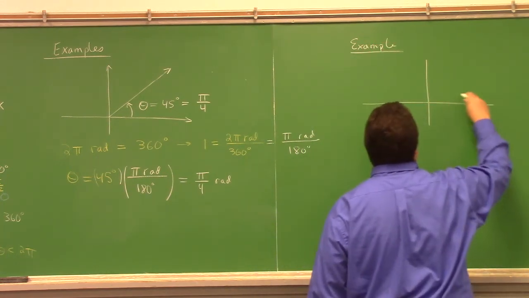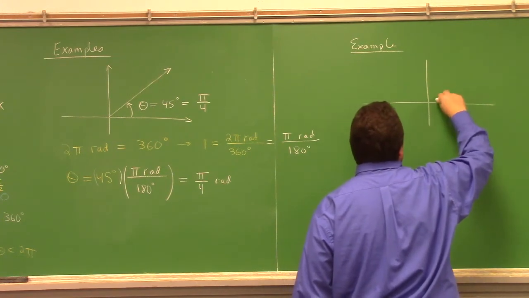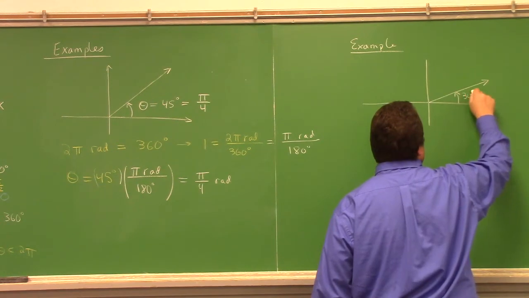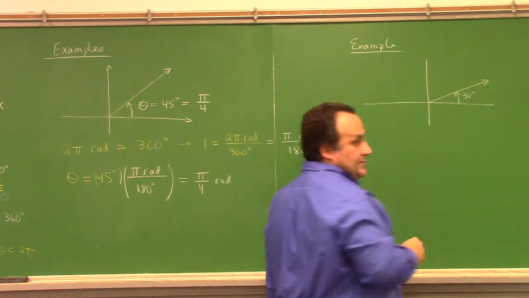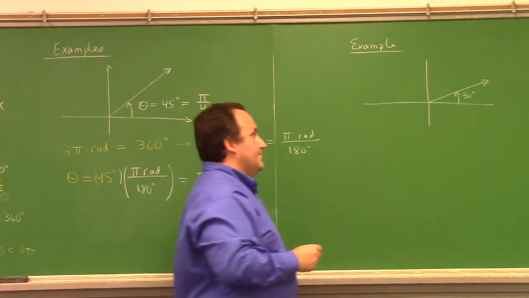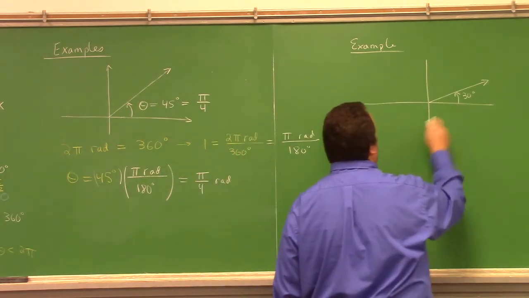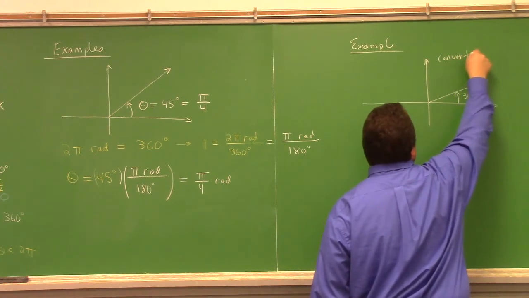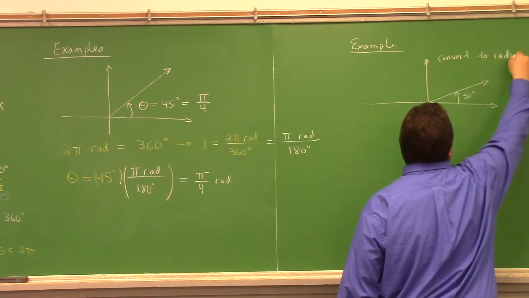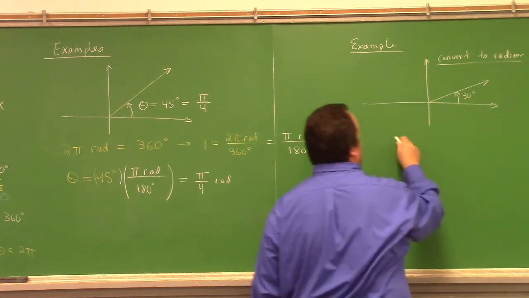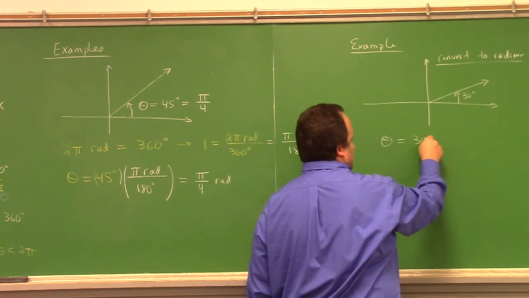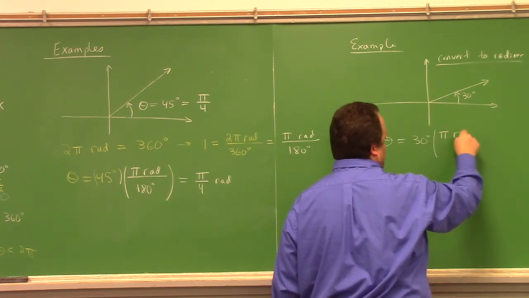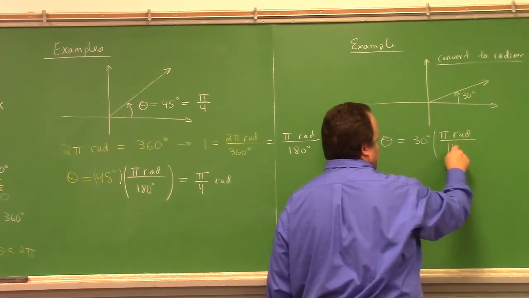Let's see here. What if we had 30 degrees? All right. So convert that to radians. We do theta is 30 degrees times pi radians over 180 degrees.